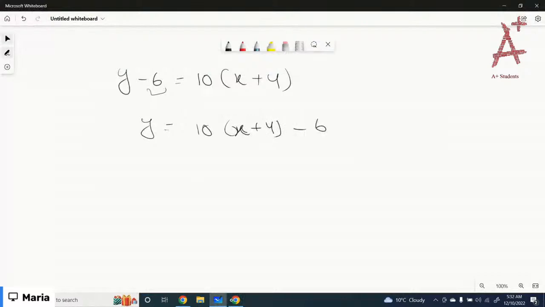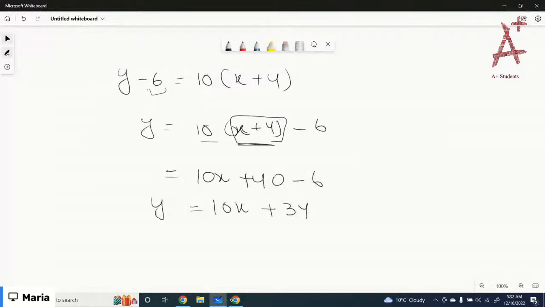Got it? Now just multiply this thing with 10. So it would be 10x plus 10 times 4 is 40 and minus 6. So it would be 10x and 40 minus 6 is 34, plus 34. When you compare this equation to the slope intercept form, m is 10 and b is 34. Got it? So it would be y equals 10x plus 34.